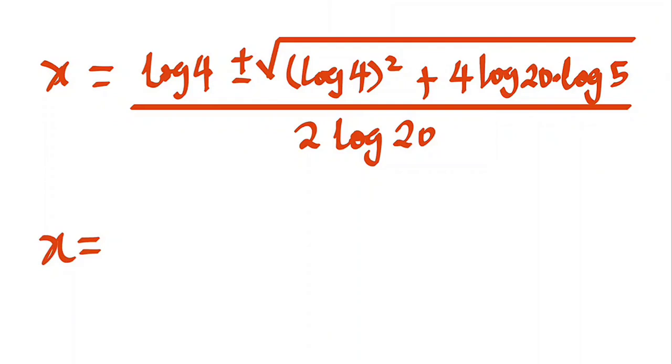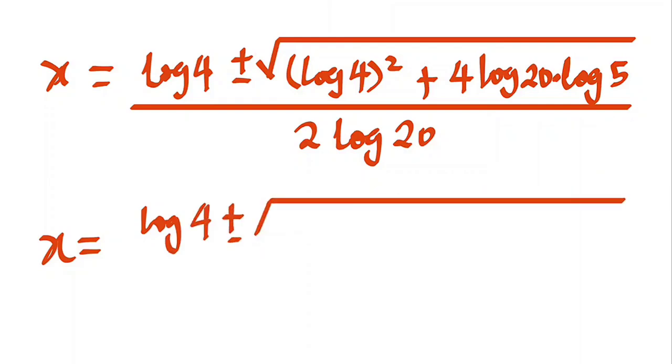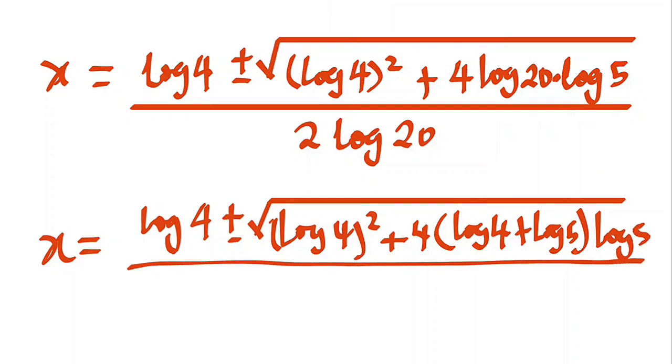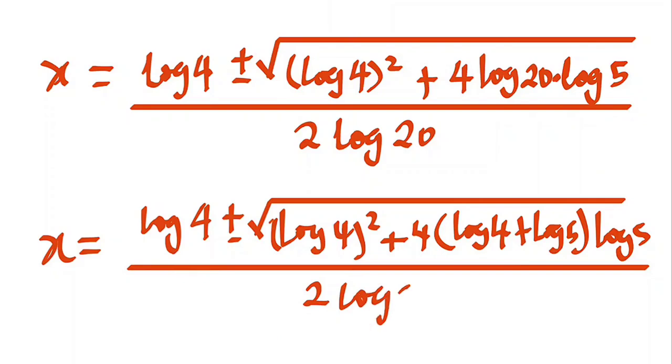The next thing we're going to do: x equals log 4 plus or minus the square root of log 4 all squared plus 4 into bracket. This log 20 here can be written as log 4 plus log 5 from the law of indices. They are multiplied by log 5, then divided by 2 log 20.